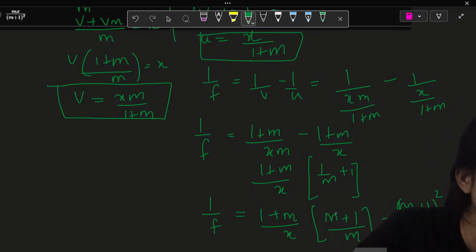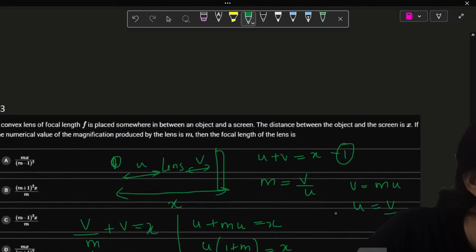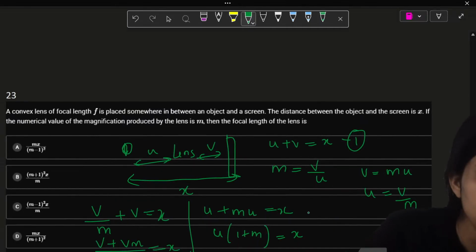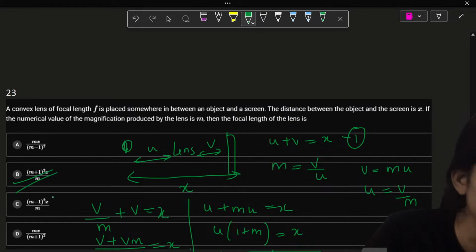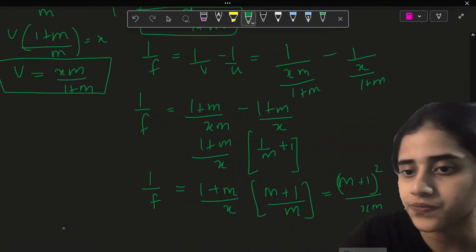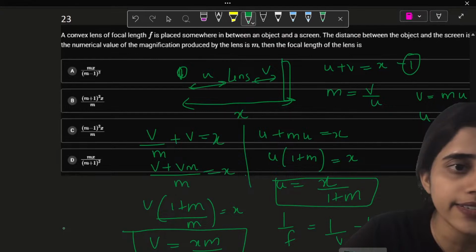Which option is it? M plus 1 square by... no, mx by, sorry. What is my option? M plus 1 square.